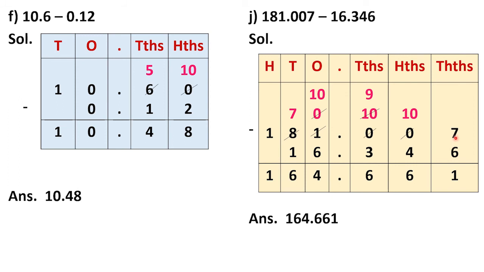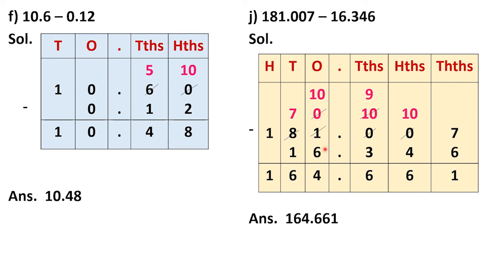So 7 minus 6 is 1 and 4 cannot be subtracted from 0, so we have taken borrow from 1, so 1 will become 0 and this 0 will become 10. Now again taking borrow from 10, so 10 will become 9 and this 0 will become 10. So 10 minus 4 is 6. 9 minus 3 is 6 again. Decimal point will come below the decimal point, and this is 0 and this is 6.